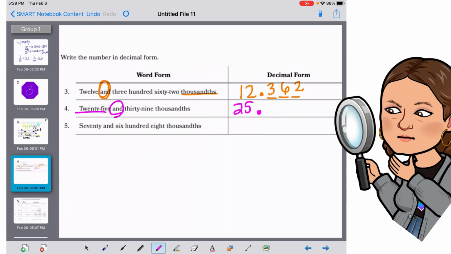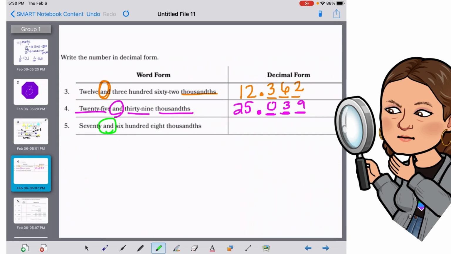Behind that decimal is 39 thousandths. It's really tempting just to write 39. However, I read that it goes all the way to thousandths. Remember, tenths, hundredths, thousandths. That means that thousandths is where my 39 has to end. So I will need a 0 there.